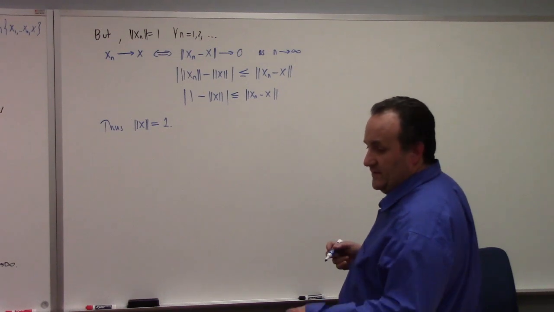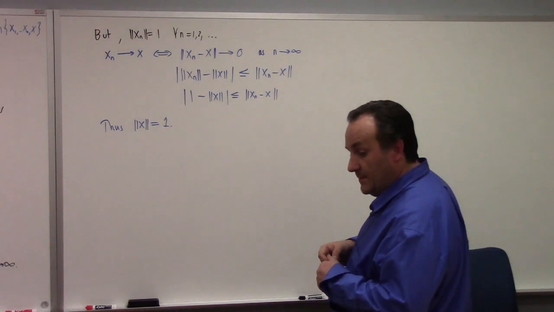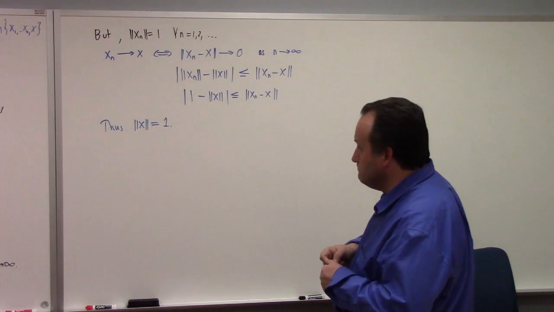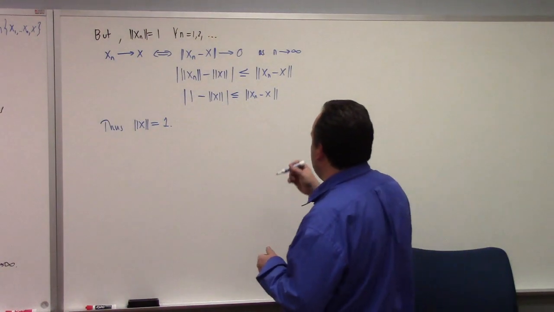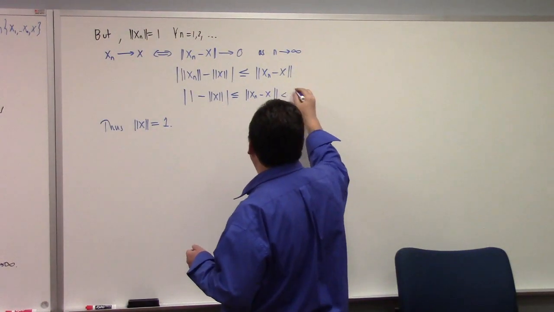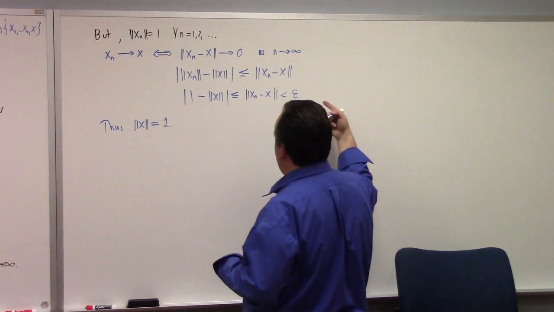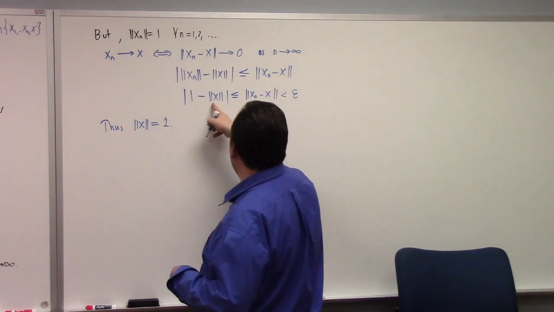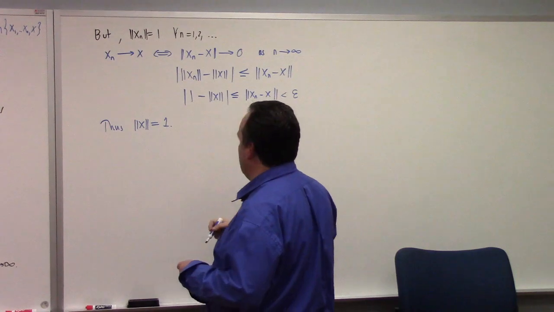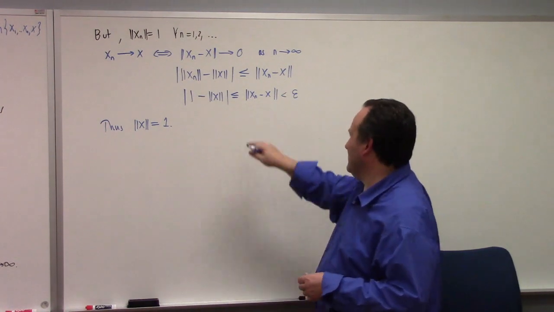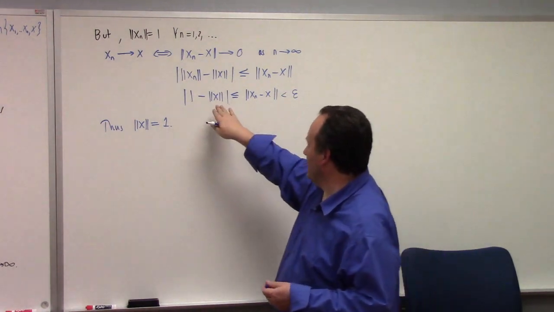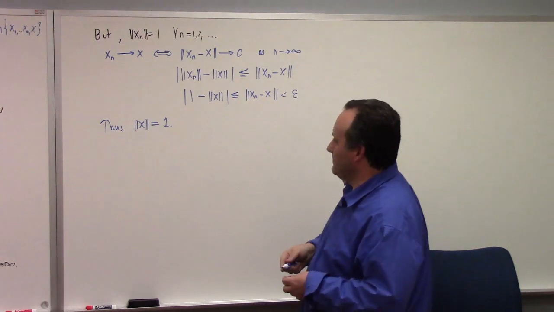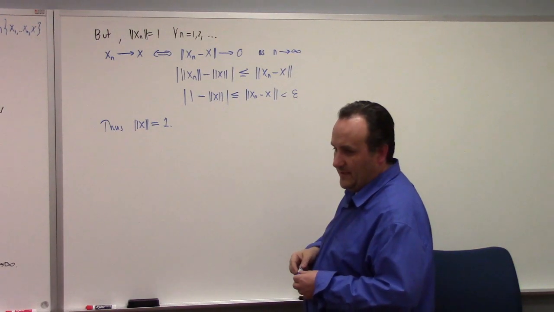I mean, I understand why this doesn't happen. Did you assume that it's 0? Well, I'm saying since this can be made less than epsilon for n sufficiently large, it forces this to have to be 1. Otherwise it would be problematic. Because that goes to 0, that forces this to have to be 0. Otherwise, it can't be reliably put under that.